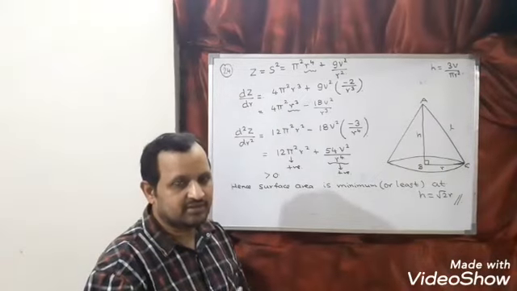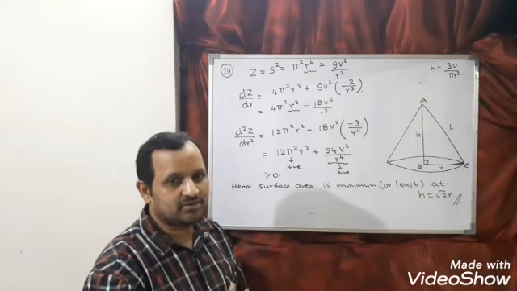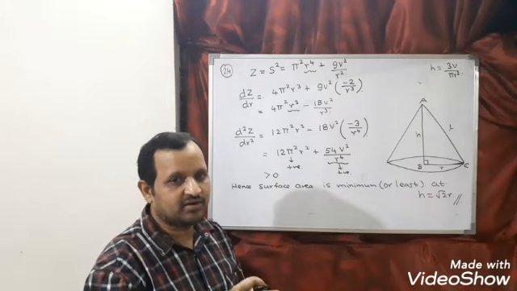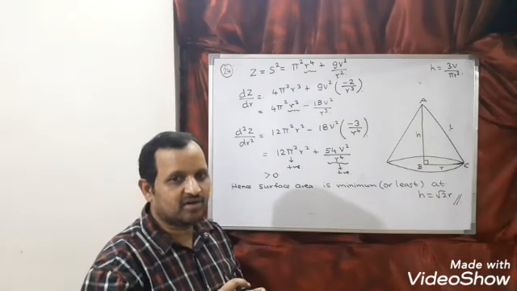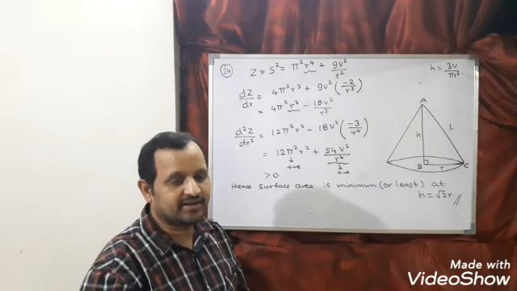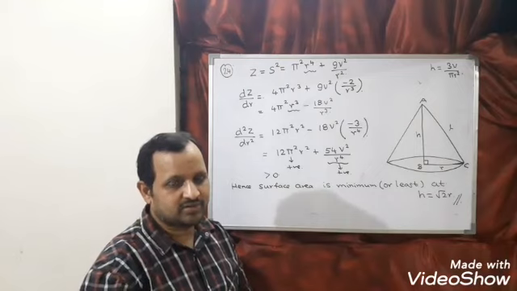Third step is for maximum or minimum of either area or volume, set the first order derivative equal to 0, you will get some values. Find the second order derivative. If the second order derivative is negative, you will get maximum. If the second order derivative is positive, you will get minimum. So I think it is clear.